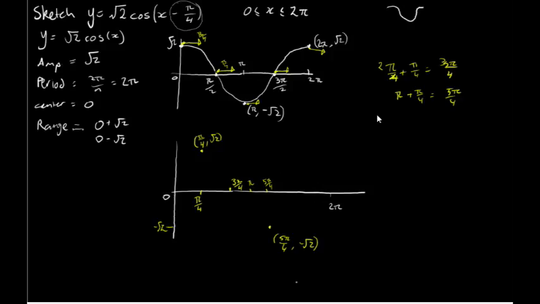And this one here, we started at 3 pi on 2. We're adding pi on 4. So 6 pi on 4 plus pi on 4 is 7 pi on 4. I'll start drawing in the graph just so we can see what's happening so far.